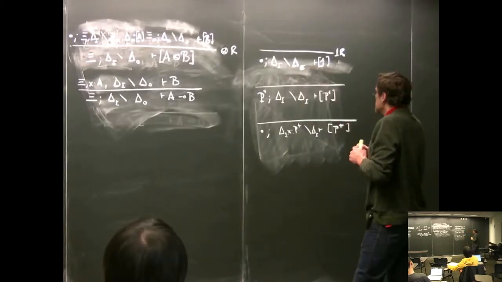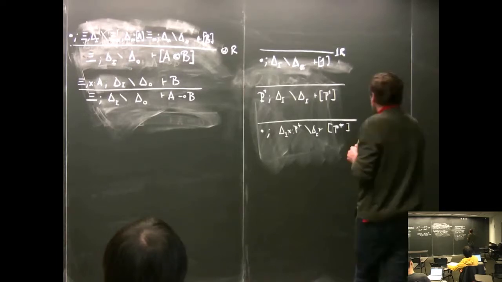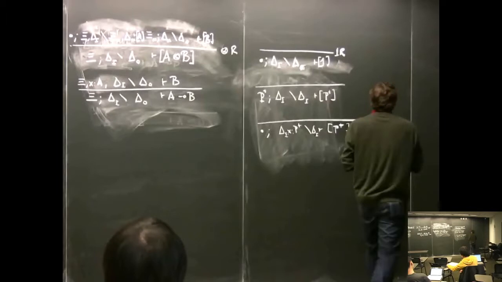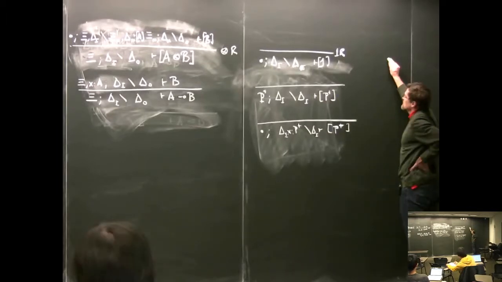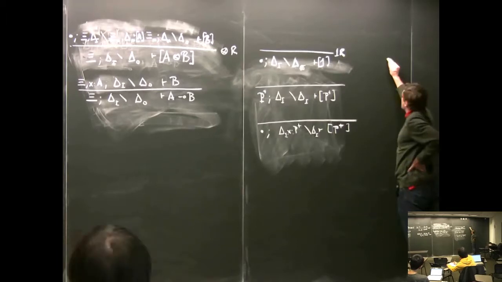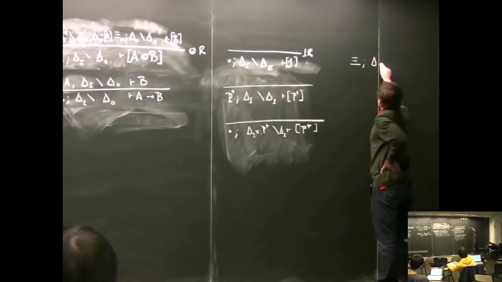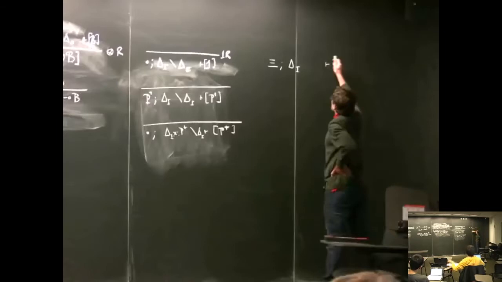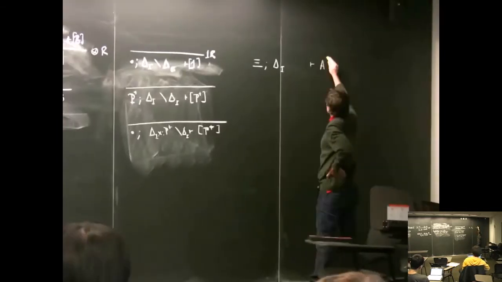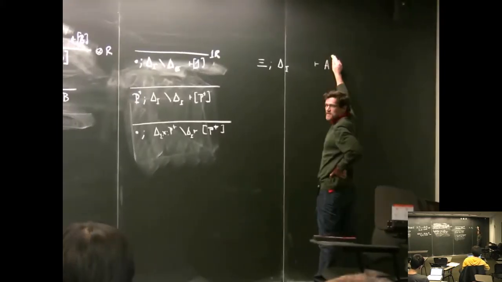So the issue is, what about the focusing rule? When you focus on something, focusing on the right should be pretty easy, I think. Let's just see. How do I focus on the right? I have a psi, I have a delta input, and I'm trying to prove something positive, right? Then I'm allowed to focus on the right.